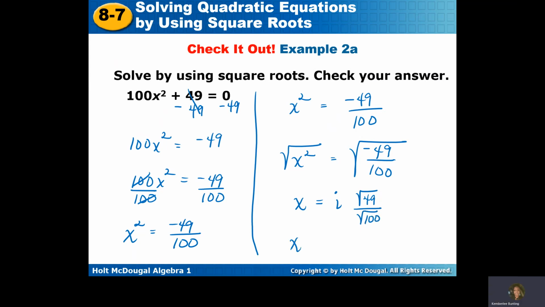So now I know that the square root of 49 is 7, and the square root of 100 is 10, all right? And that's going to be plus or minus 7 over 10. Then I'm going to slap that i on the end. The i doesn't come first. It comes after the numerical portion.